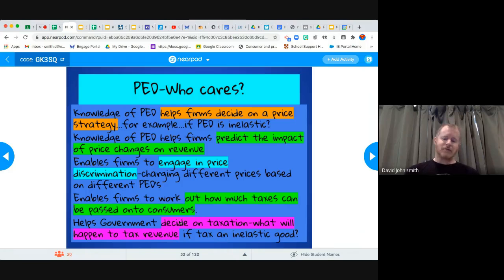It also helps the government figure out what's going to happen to their tax revenue. Right? It gives you an idea about whether the government is putting taxes in place in order to gain revenue, or whether they're putting taxes in place in order to fix social problems. You might wonder about that too.